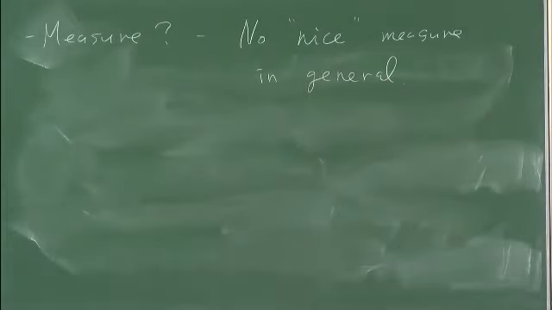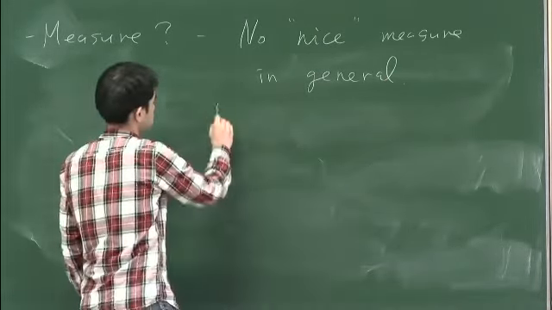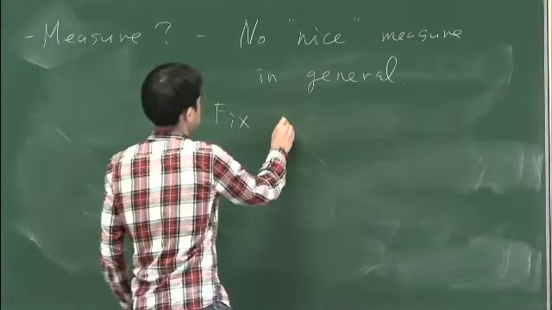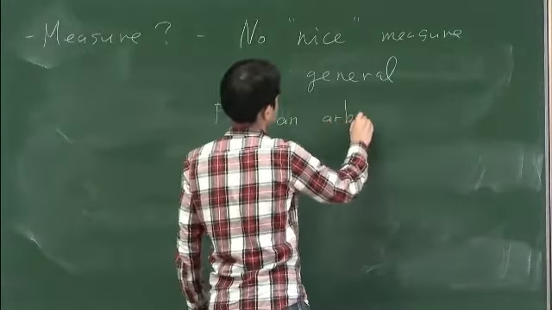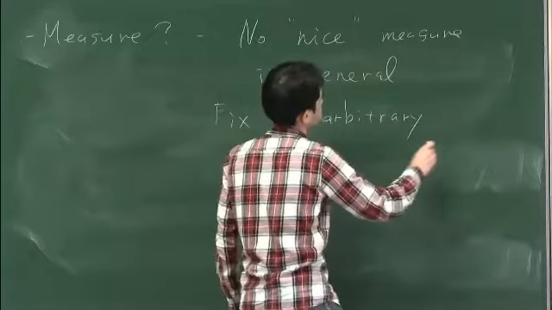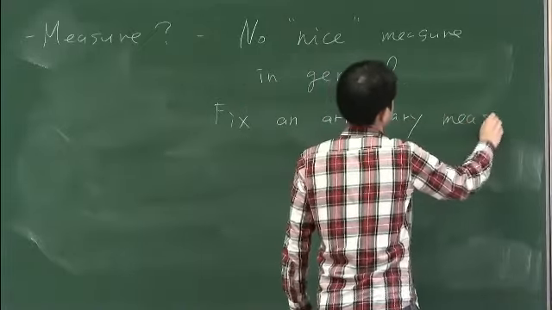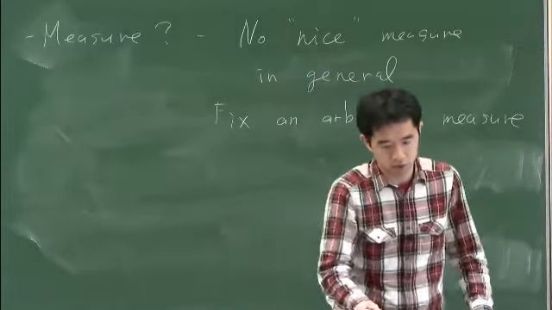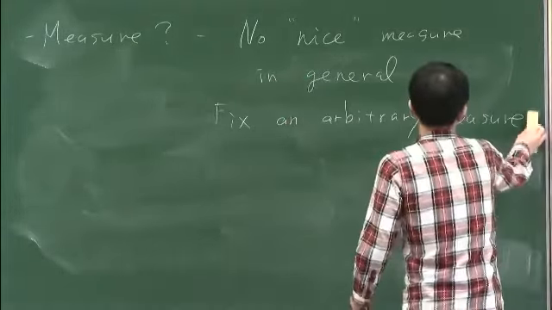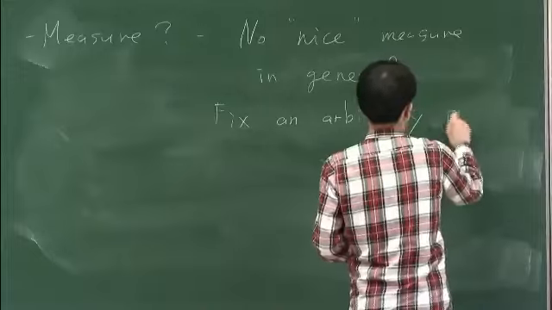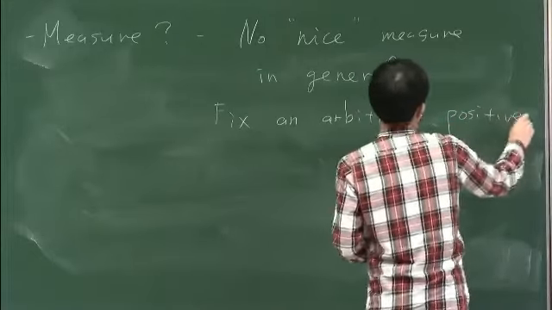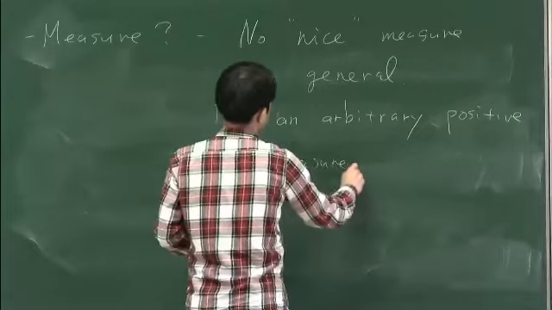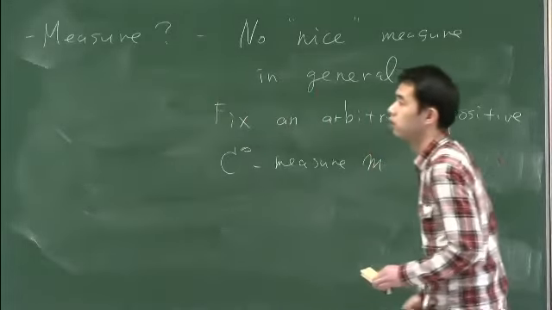So then we fix just one arbitrary measure, positive and finite on compact sets.